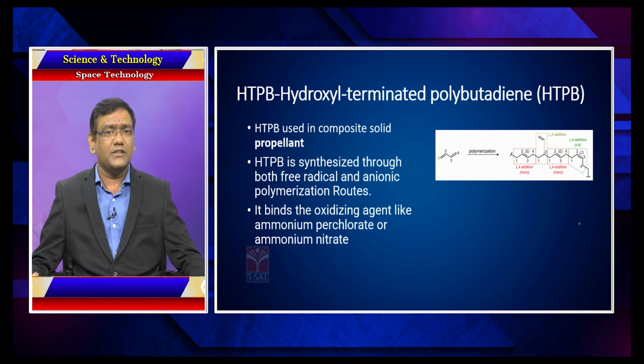HTPB is synthesized through both free radical and ionic polymerization methods. It binds the oxidizing agent, like ammonium perchlorate or ammonium nitrate. Upon oxidation, it creates thrust, which is responsible for moving the satellite into space.